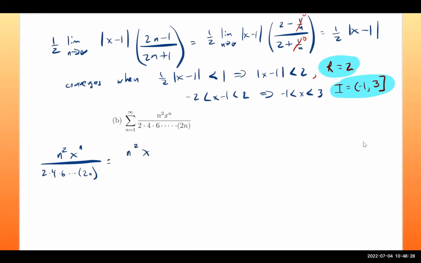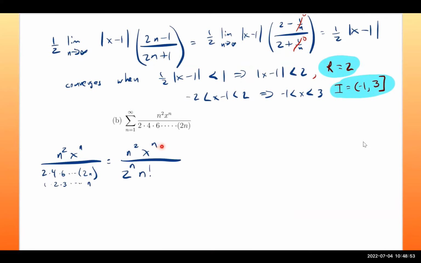So you can factor out a bunch of 2's from the denominator. So it turns out that this is the first, second, third, nth 2. So you're factoring n 2's out. And then you're just going to be left with 1 times 2 times 3 times ... times n, which is n factorial. So you're going to be left with that.